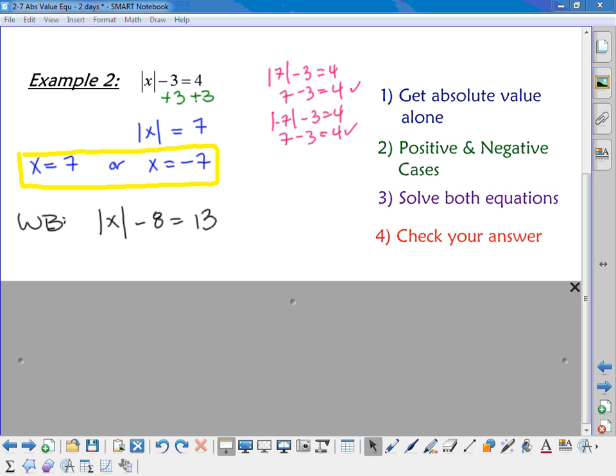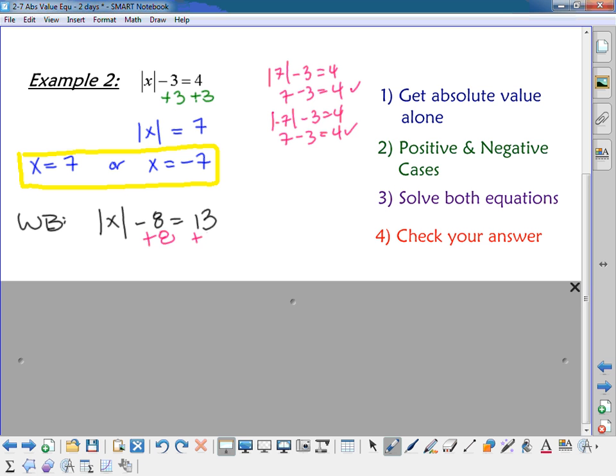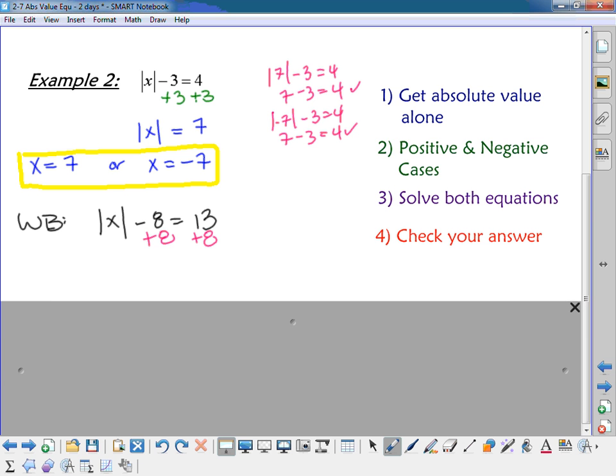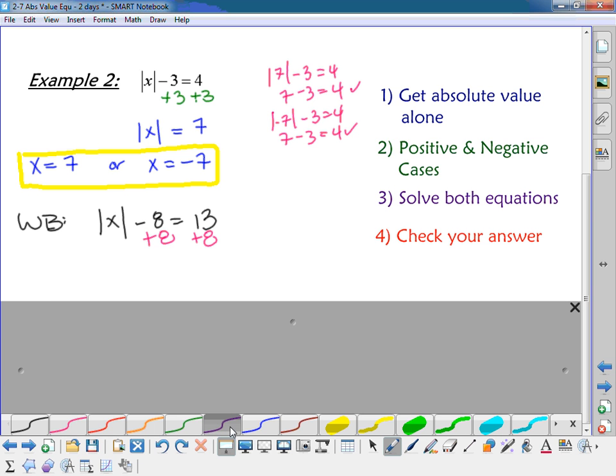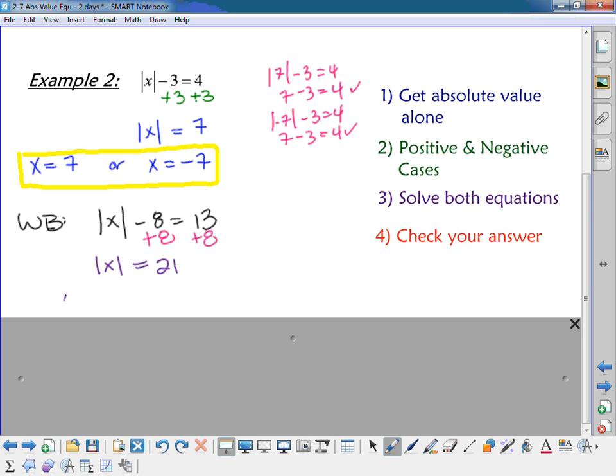Okay, so it looks like most of you guys got that. You had to add 8 to both sides. And then you had that the absolute value of x was equal to 21. So x equals positive 21 or x equals negative 21.